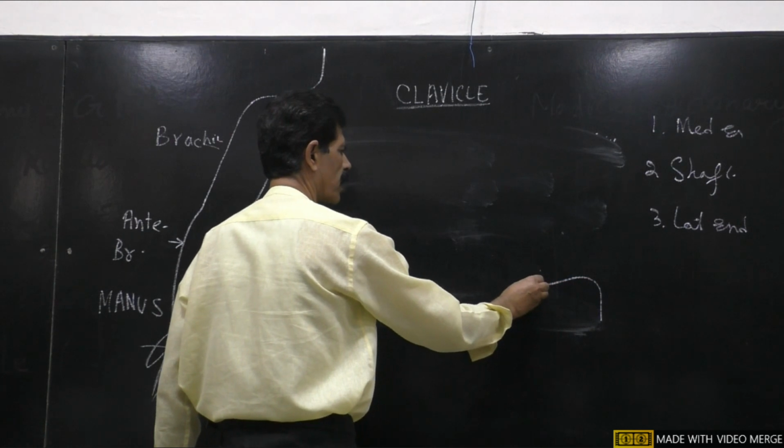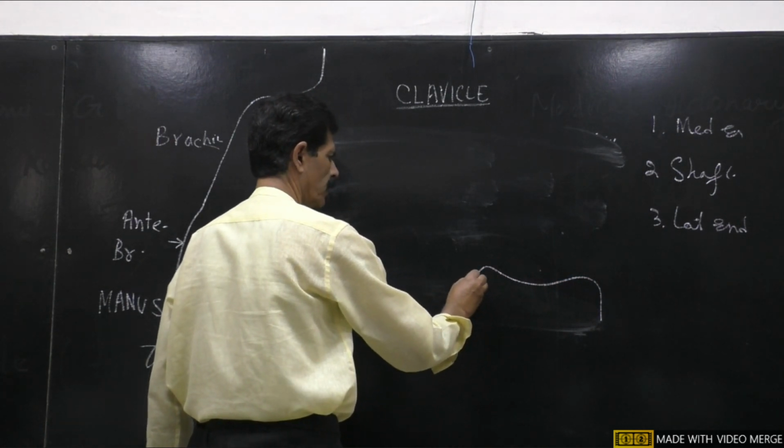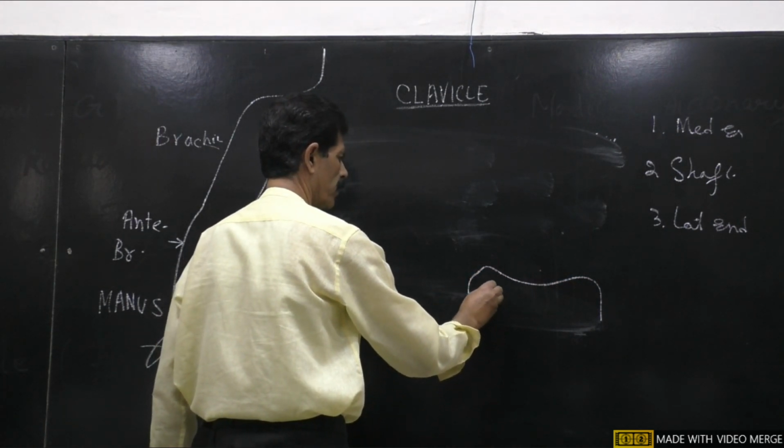This is the upper and the sternal notch. This is the quadrilateral articular facet.